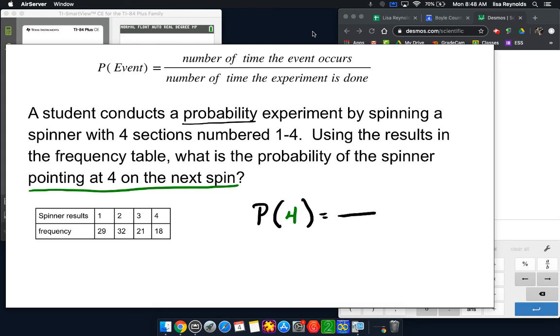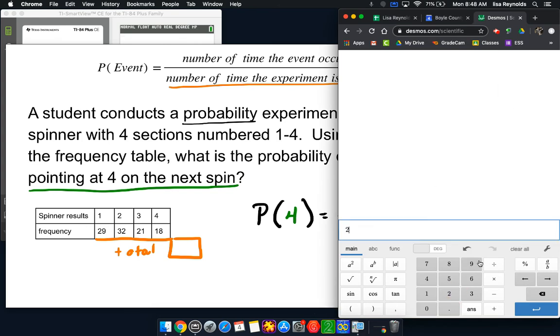I need the number of times the experiment was done. So I need to calculate the total. I need to add together all these values, 29, 32, 21, and 18. And our total is 100.